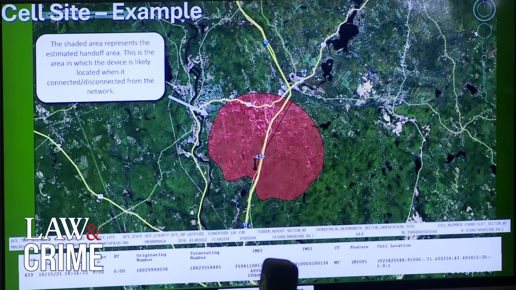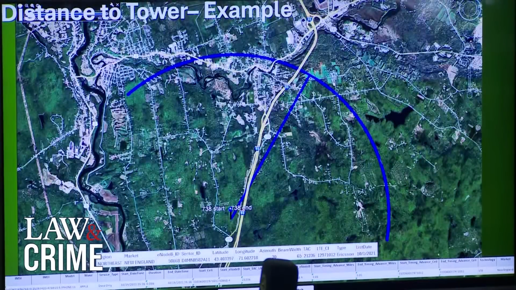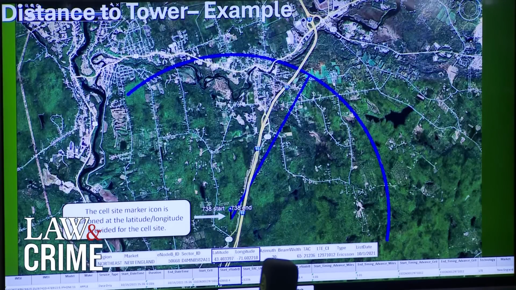Okay. And what does distance to tower look like? Distance to tower is that ranging information that I talked about earlier. This is where the network is trying to figure out where that device is at any given time. And it's measured in a variety of different ways. But in this, at the bottom, we have that screenshot of the original record. This is T-Mobile as designated by the blue. That push pin there is, again, that location of that cell site, where it is on the map.